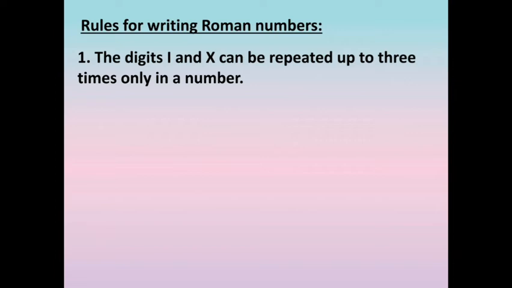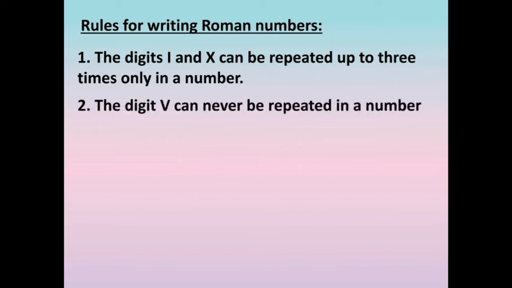So we will use only these 3 letters, I, V and X. So I and X can be repeated up to 3 times in a number. It can be repeated only 3 times, and the digit V can never be repeated in a number. It is written only once.